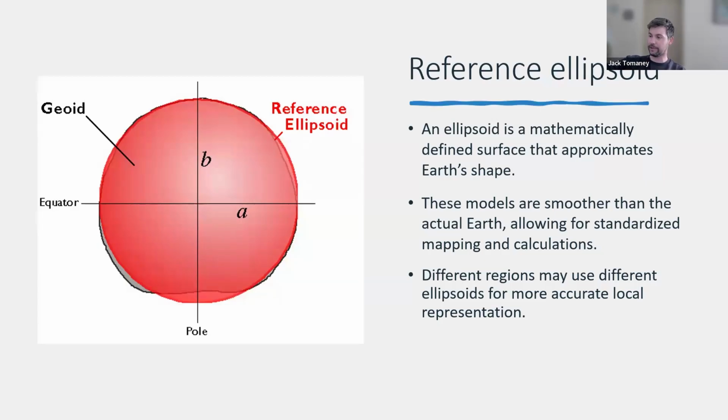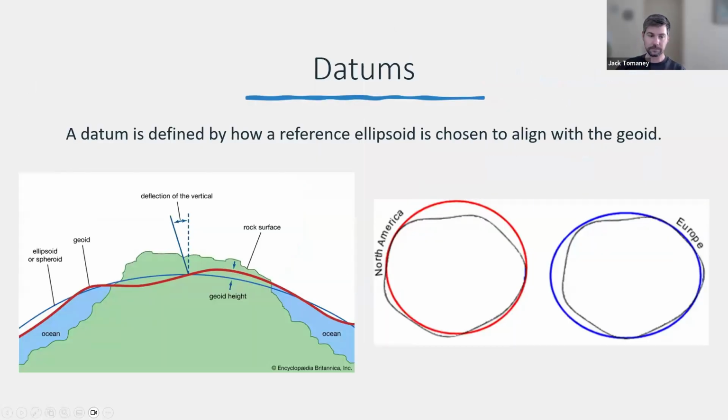And the reference ellipsoid is the perfect mathematical model that we define of the Earth that sits on top of it. Some parts of the real Earth don't fit that very well. So you can see some parts stick out and some parts are in a bit. So no model fits the Earth perfectly everywhere. Therefore, there are many different versions of these models that have been created.